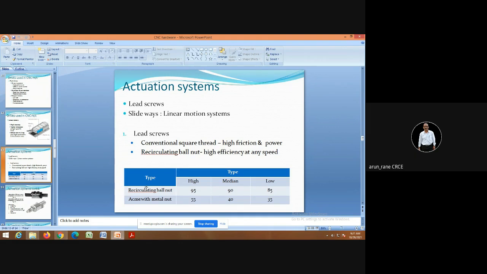Like suppose an automobile, if the friction between the tire and the road is more, obviously the horsepower of the engine will be more. If you are talking about racing cars, the width of the tire is more because the grip has to be there on the road so that the vehicle doesn't skid off.